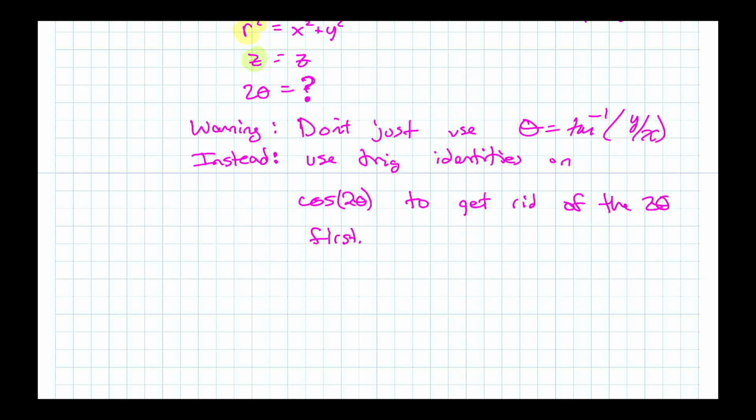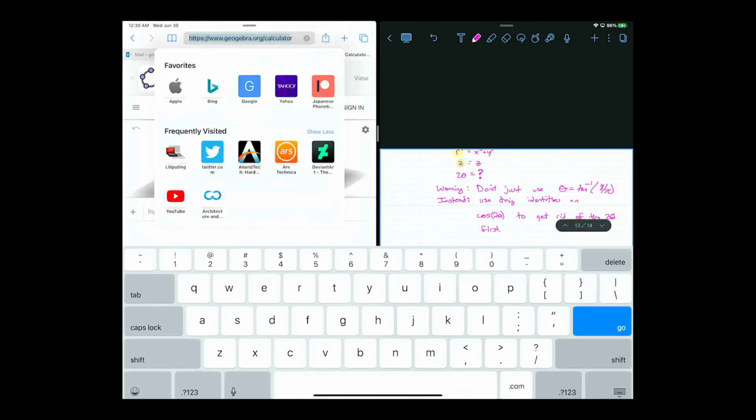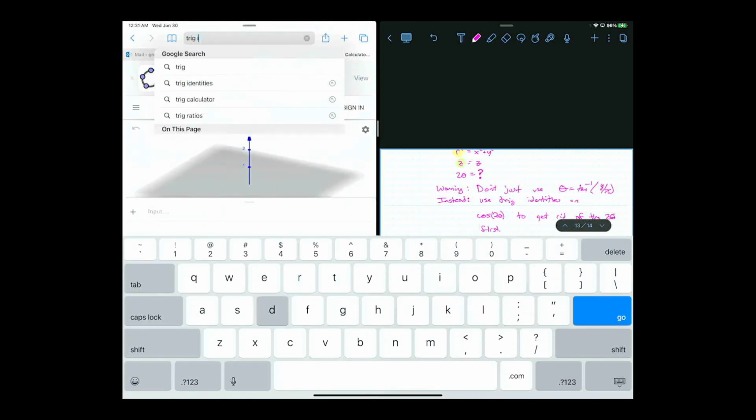Okay. And your life will be better. So we have to do that. So let's look up our trig identities, right? So we're going to go to trig identities.